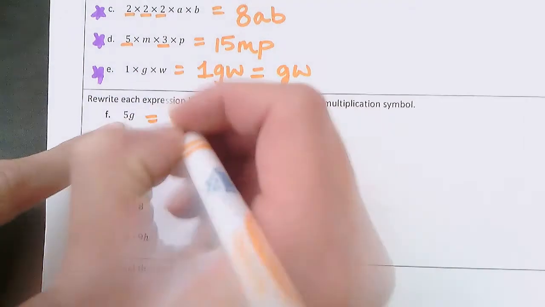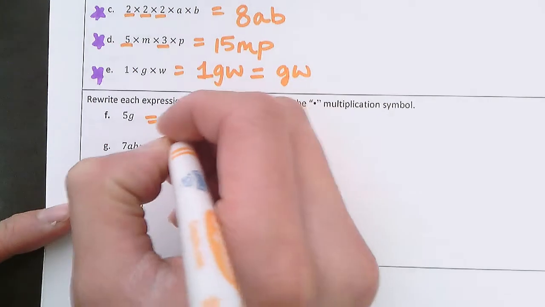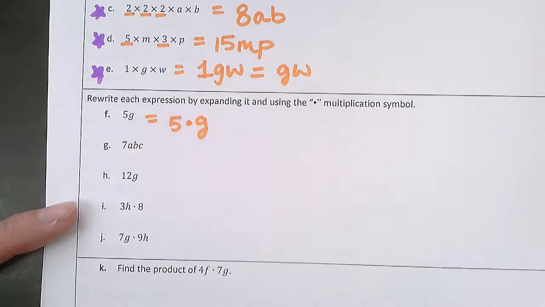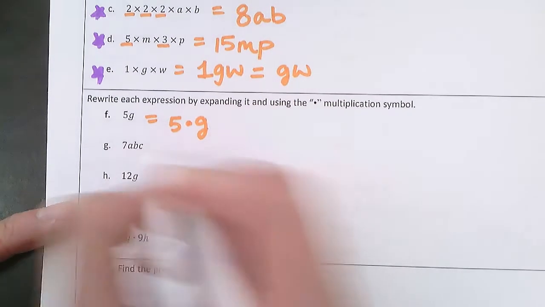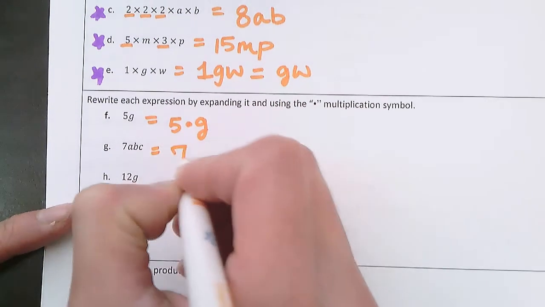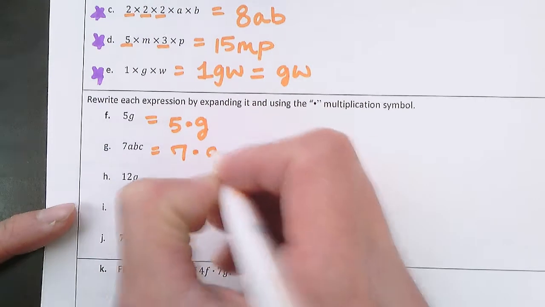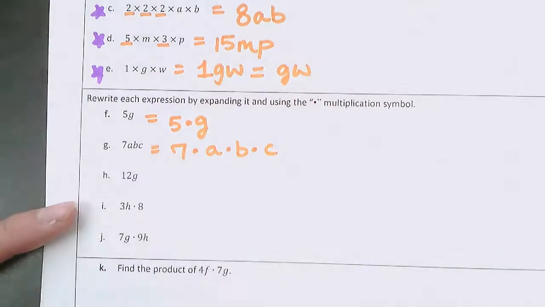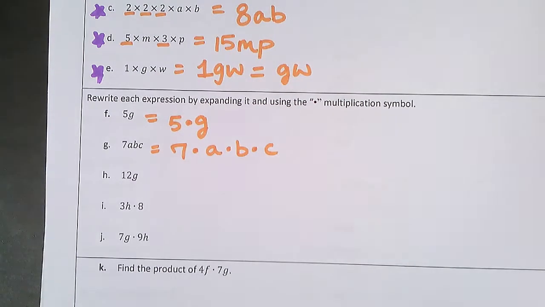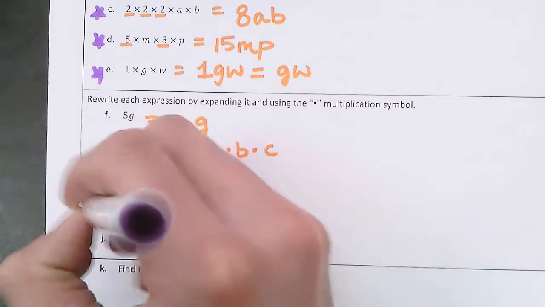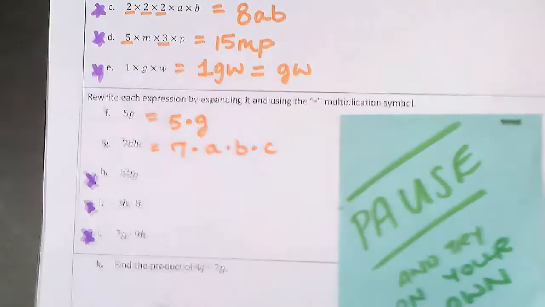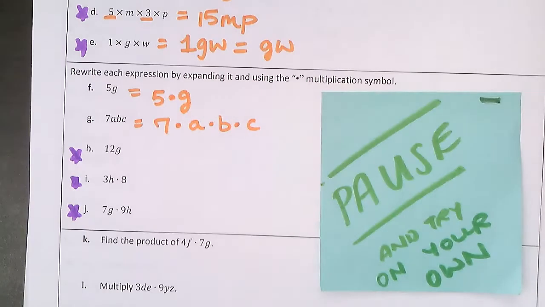Since that's the same thing as 5 times g, we'll just write 5, and then the multiplication symbol, g. 7abc, that's the same thing as 7 times a times b times c. These next three, I think you can definitely do on your own. So let's do a quick pause and try those three on your own.